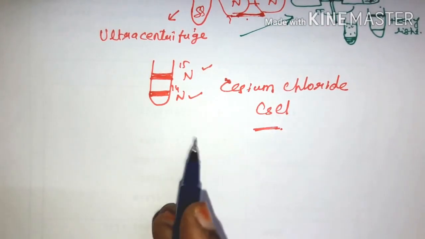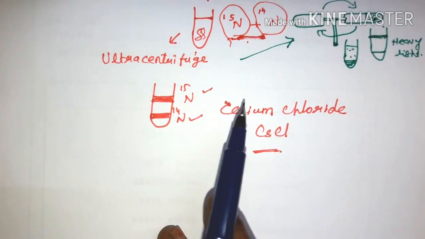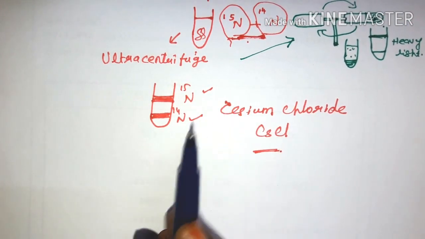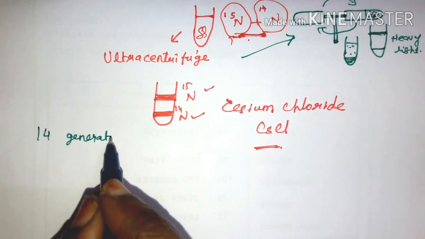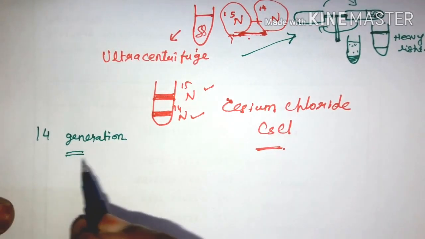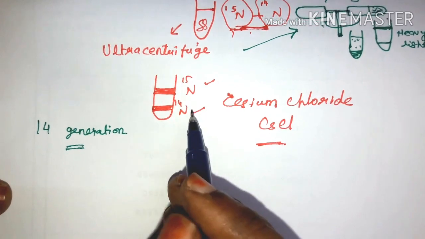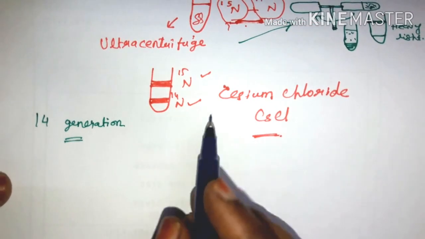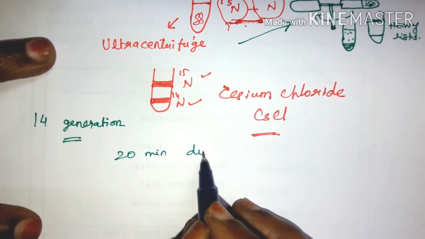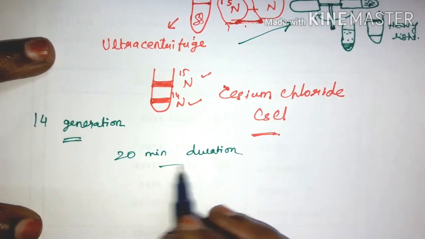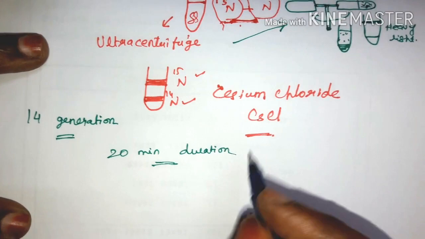They continue this kind of culture, that is band formation, for 14 generations, with the same centrifugation force. The centrifugation runs with a 20 minute duration.